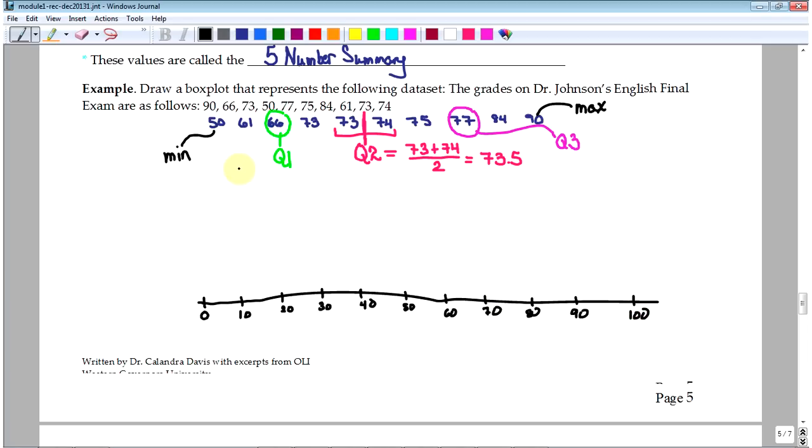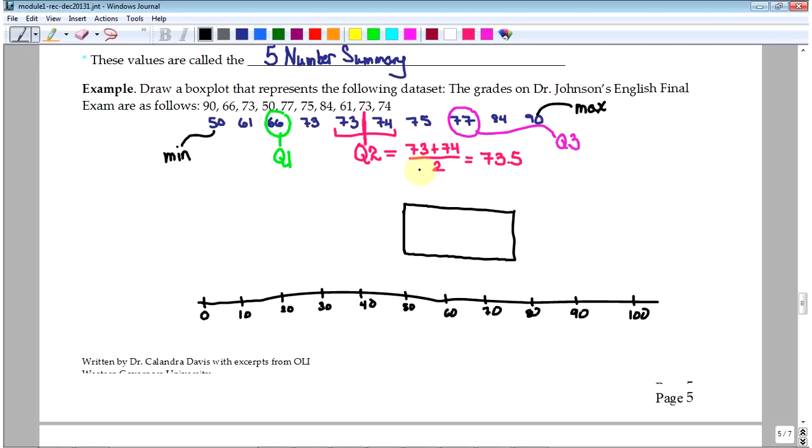Okay, so next I'm going to draw where my first quartile is. I'm going to draw a vertical line because that's going to be the left side of a box. So at 50, I'll have a vertical line coming down. And the right side of my box is going to be where my third quartile is at 77. Okay, so my box is going to go all the way up to 77, somewhere around here. Okay, so I can form my box.